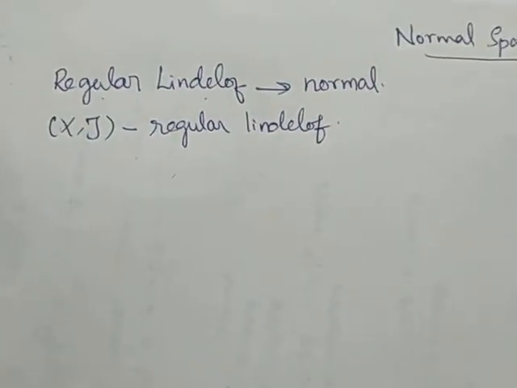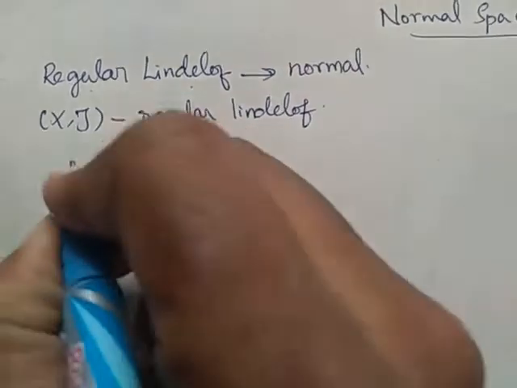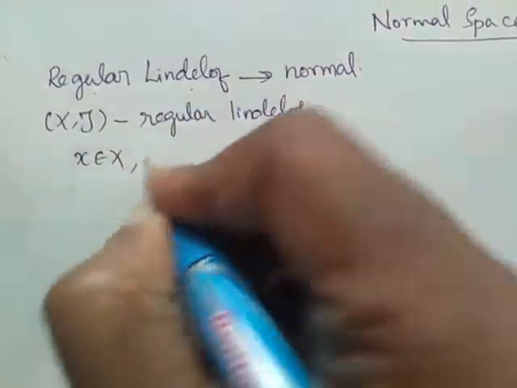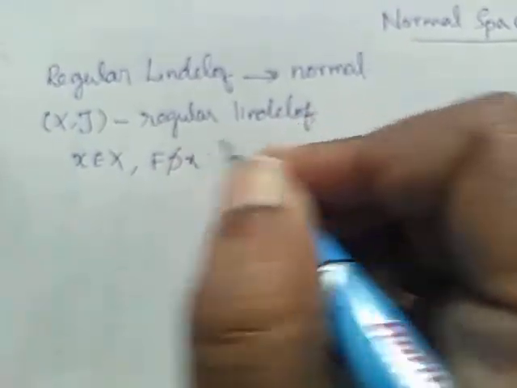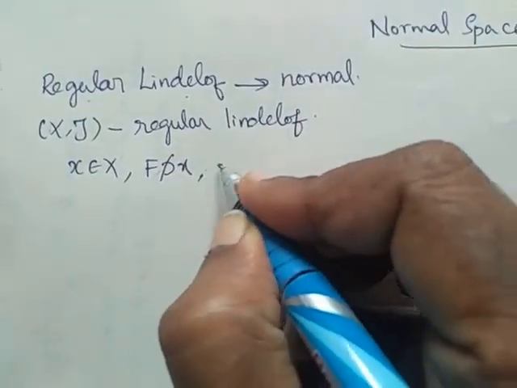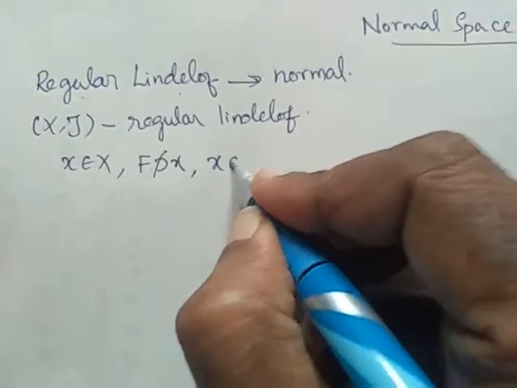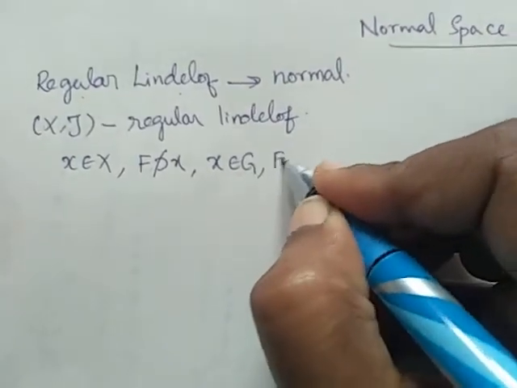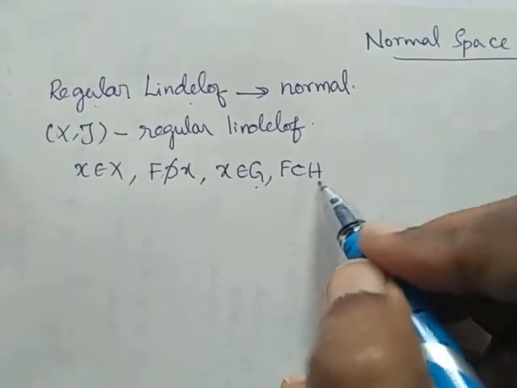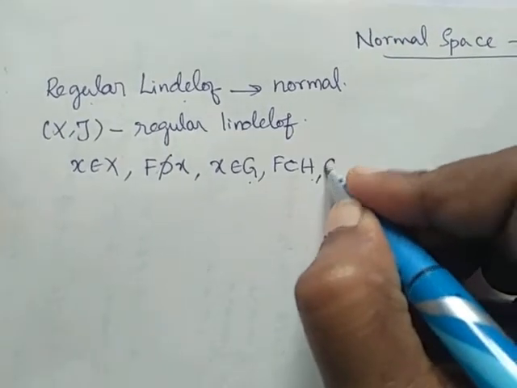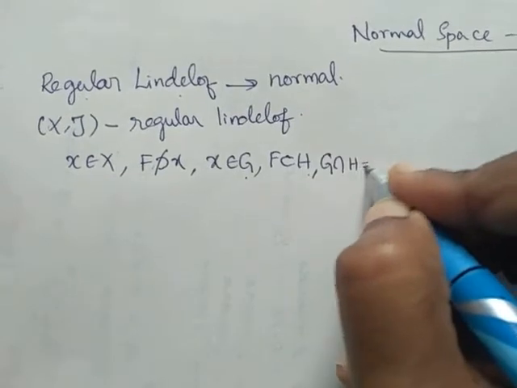For x belongs to X and for a closed set F which does not contain x, there exist open sets G and H such that x belongs to G, F is a subset of H, and the intersection of G and H is the null set.